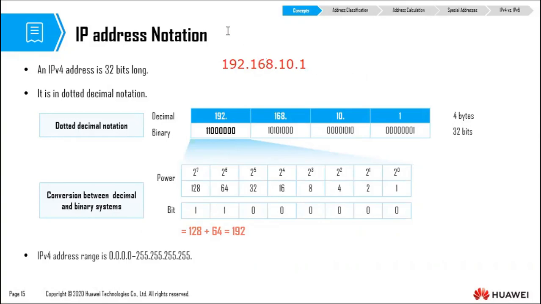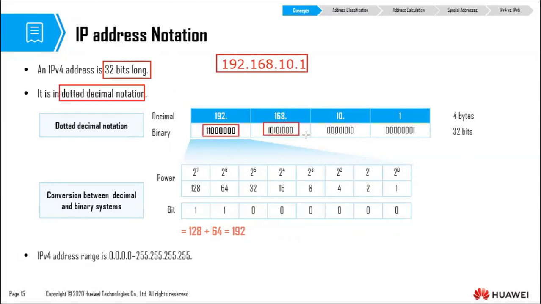Now, we write it in what we call the dotted decimal notation in 4 parts to make it easier to remember and to write. An IP address is made up of 32 bits. What that means is if we convert this into binary, then normally we write it as 8 bits, 8 bits, 8 bits, 8 bits.